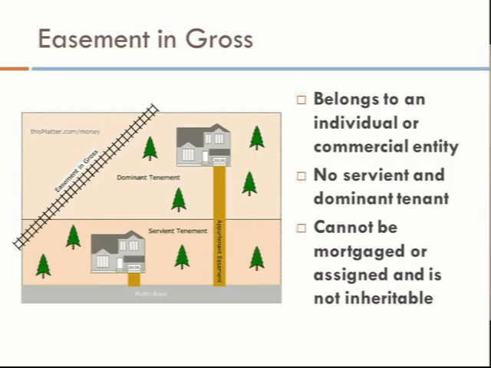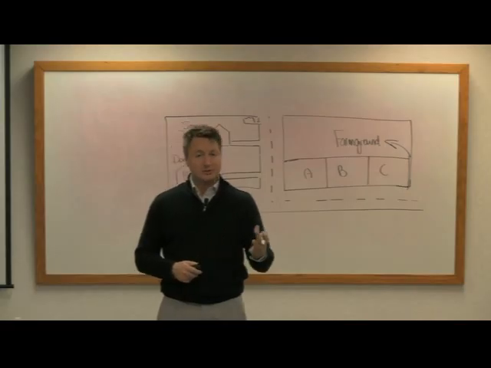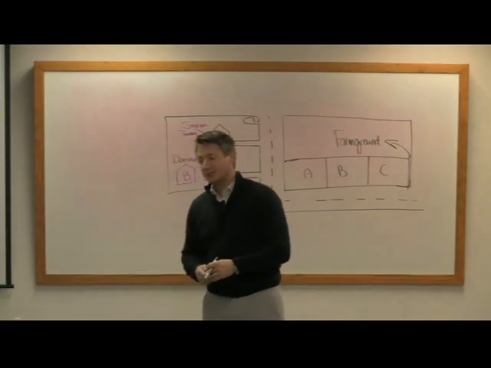It involves only one tract of land, so there is no servient or dominant tenant. And that person with the billboard has what's called a license, for instance, in that easement in gross. So they have the privilege to enter the land of another and use it for that specific purpose of changing out the billboard, of doing maintenance on the billboard as well.